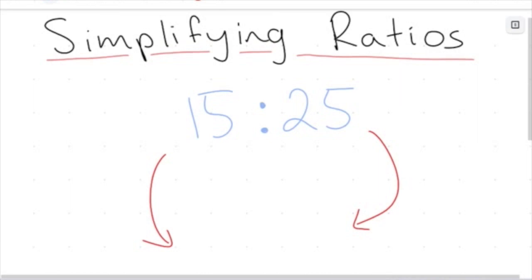If you know your times tables, you should be able to see that 5 goes into both of these numbers. We want to get these numbers to the smallest possible ratio, so we're going to divide both by 5.